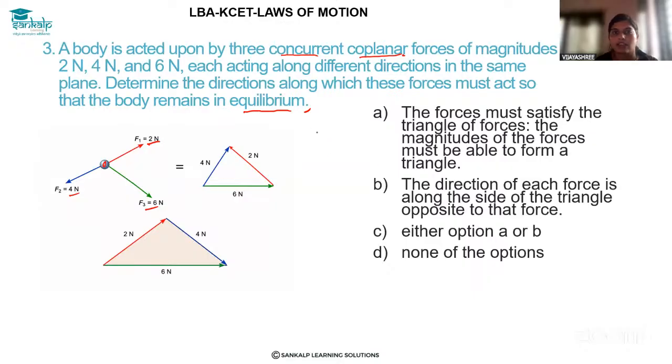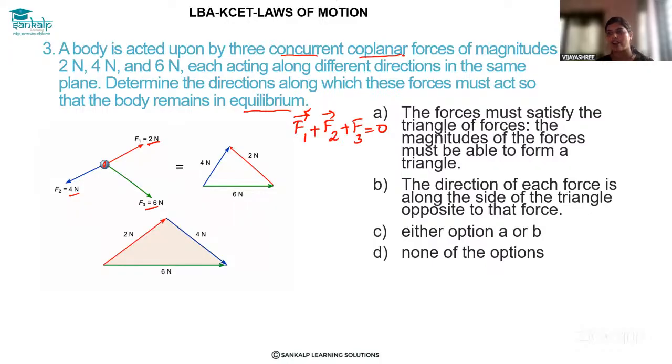That means F1 vector plus F2 vector plus F3 vector should be 0.